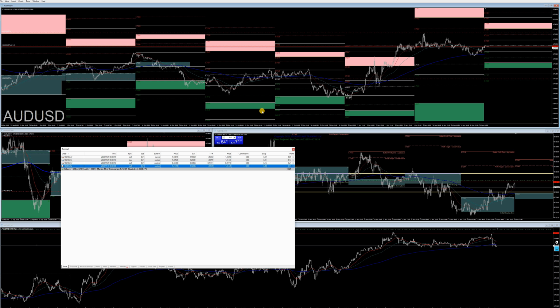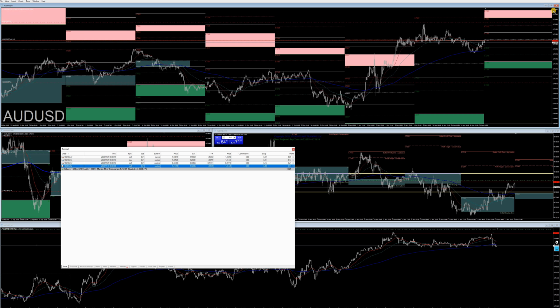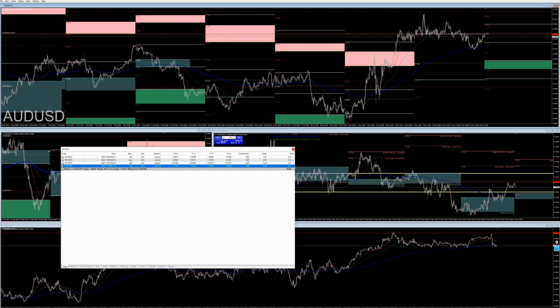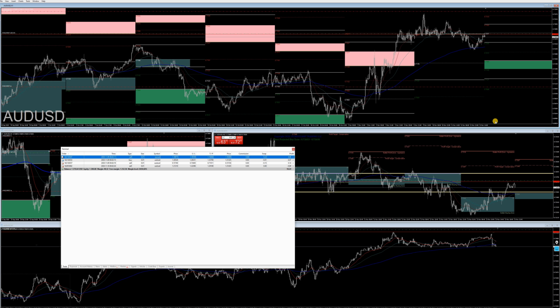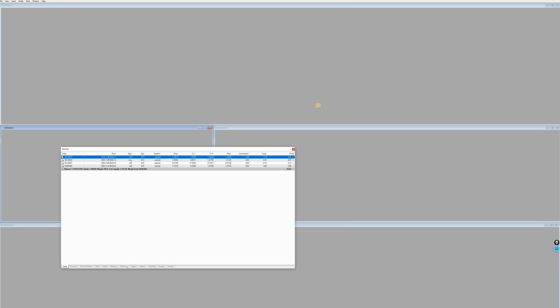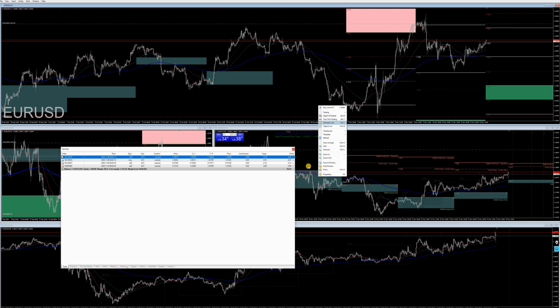Now I have the Euro USD, which is this one here. And that's number 6547. Just go ahead and make this 10.